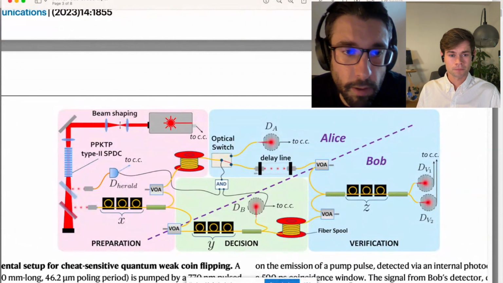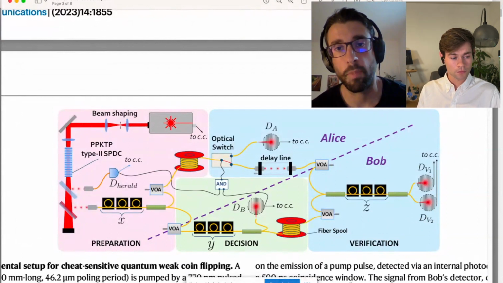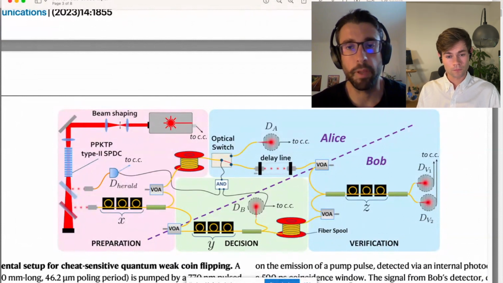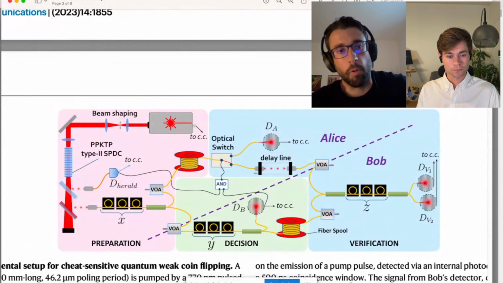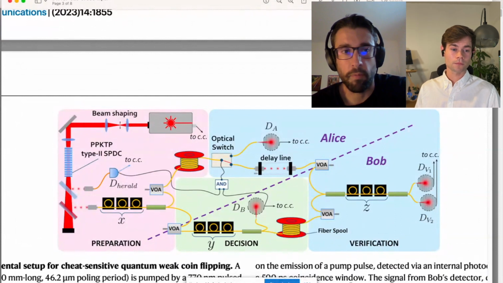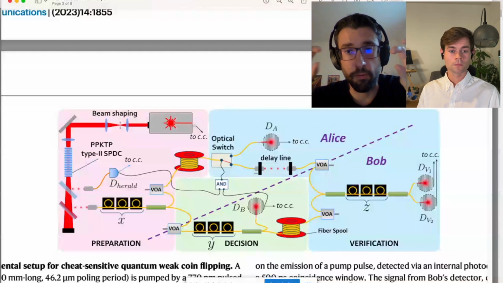Yes, so as regards everything that leads to losses, there's a lot of experimental factors that can lead to losing a photon. This can really be improved in the future. So, for example, when we generate our single photon, that comes from a PPKTP crystal, which is a nonlinear crystal that generates a pair of photons. This is done in free space.